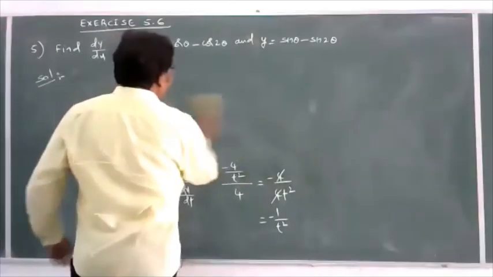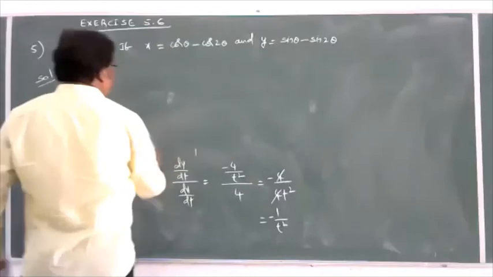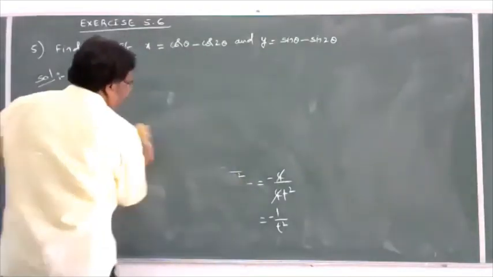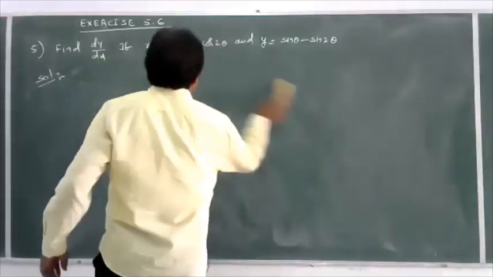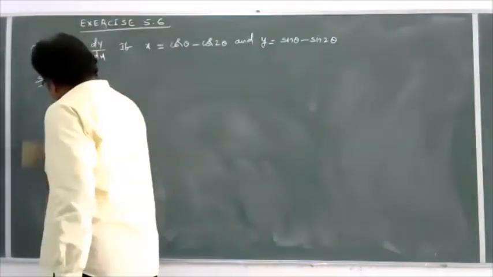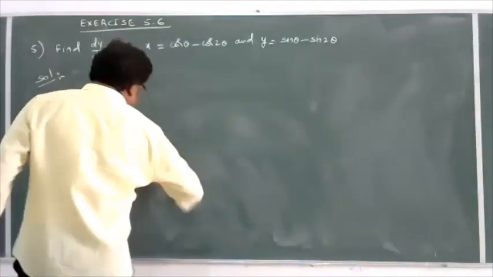Here what is the variable? Third variable, that is parameter. What is the parameter here? Theta is the parameter. That's why differentiating both sides with respect to theta here.